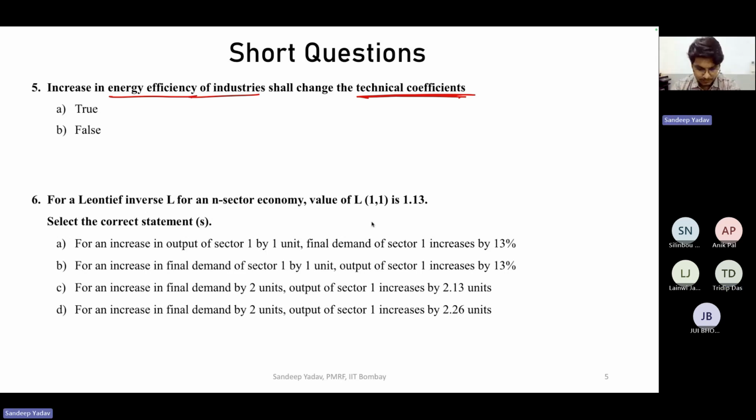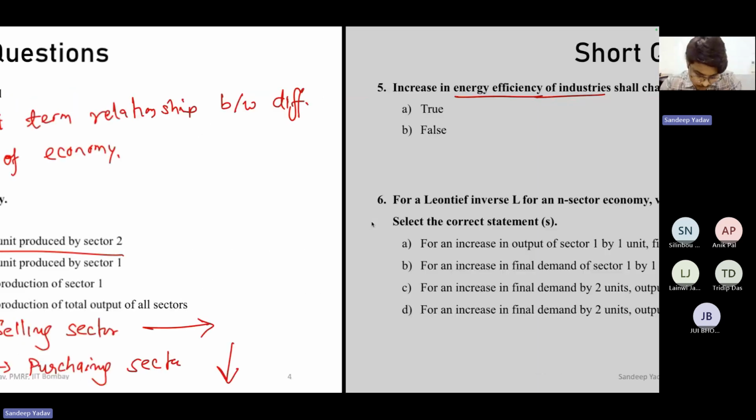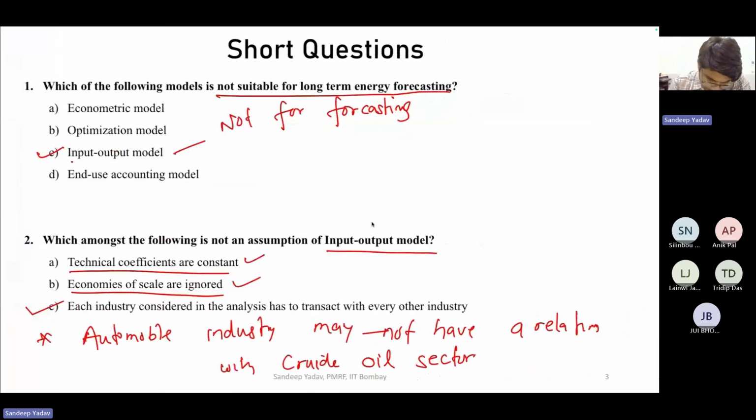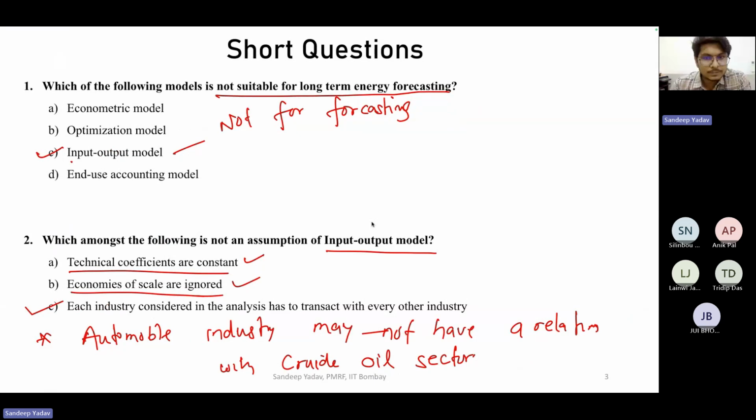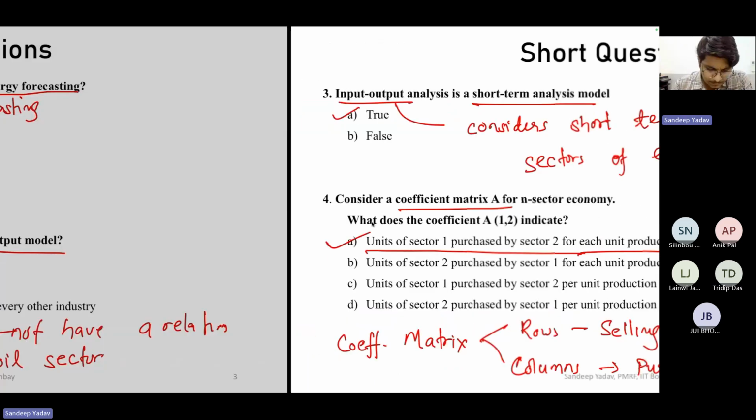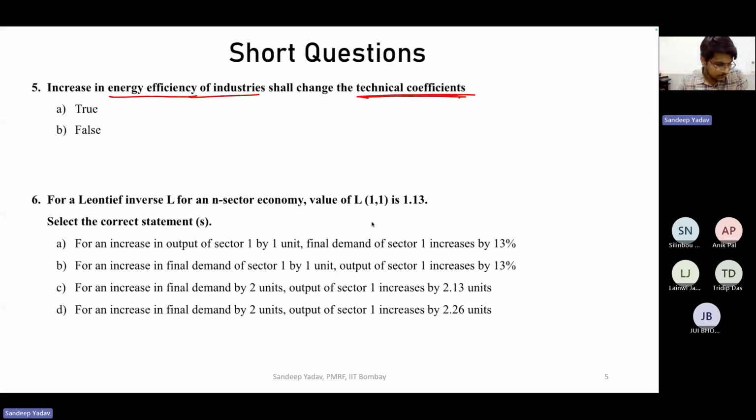It's not true. Can you explain why you're thinking so? Initially I explained in question number 2 itself, technical coefficients are constant. A technical coefficient denotes the contribution of one sector to some other sector.